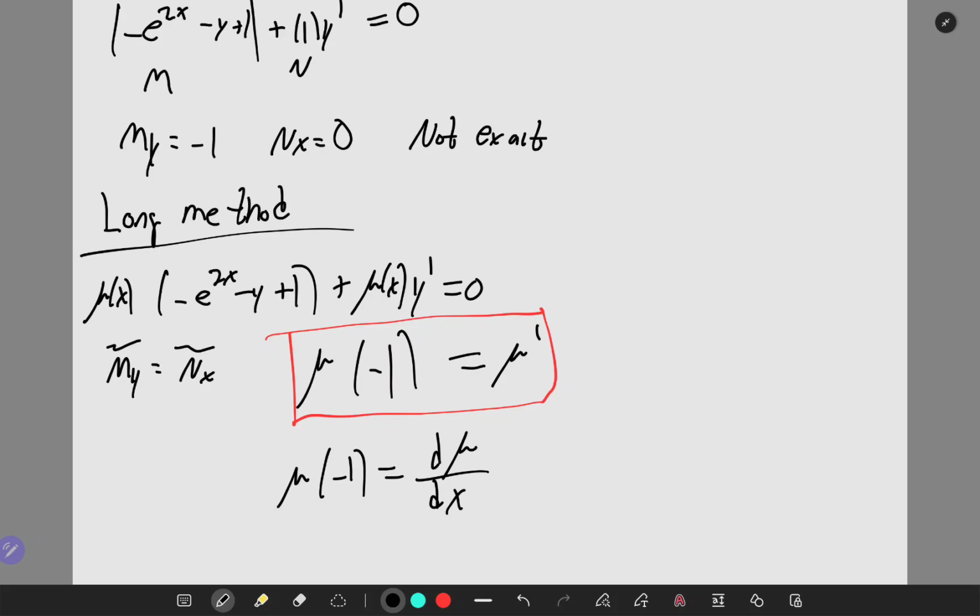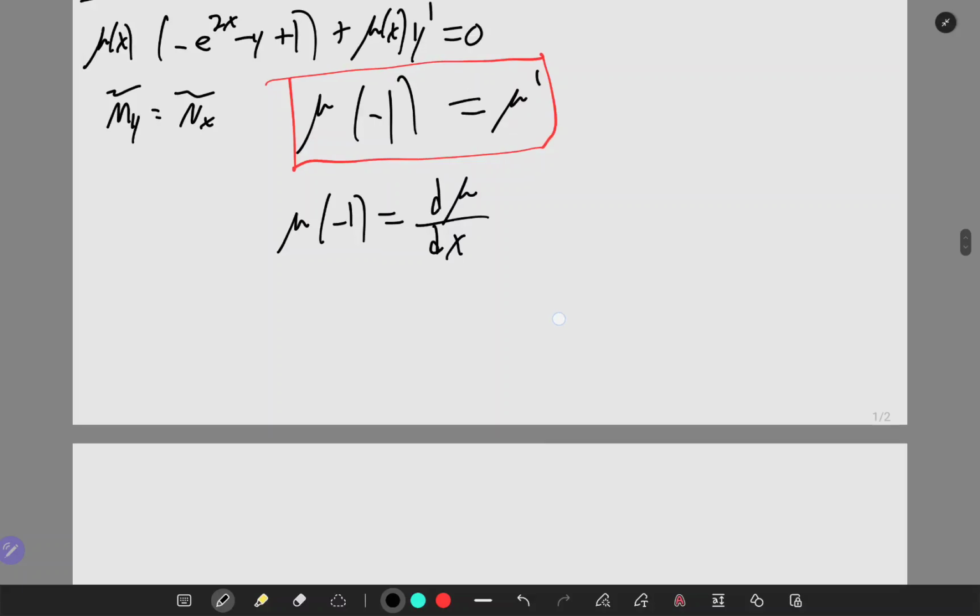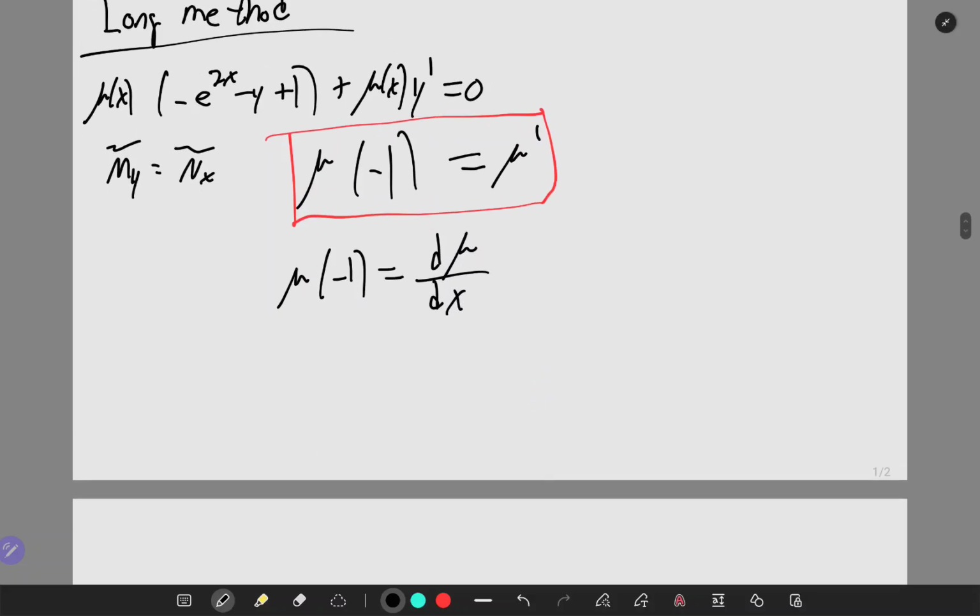Is that with respect to x though? I forget. I'm trying to think of the formula here. Yeah, it's with respect to x. I'll show you why in a second.